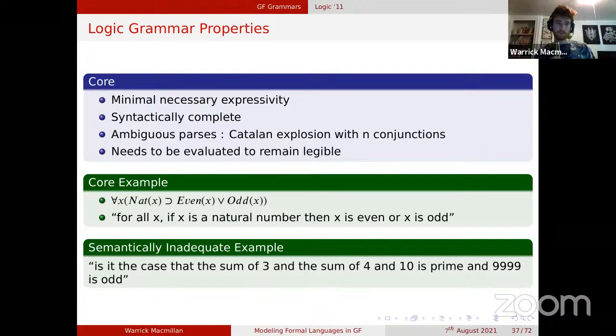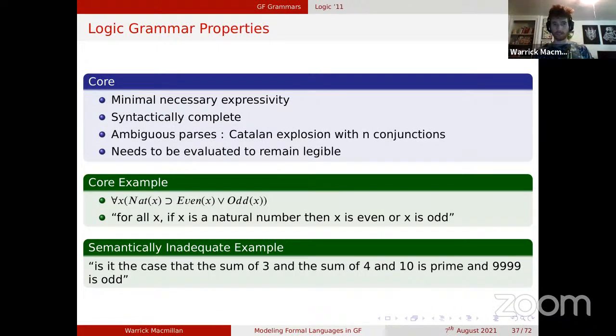So the logic grammar is the minimal amount of necessary expressiveness, but it is syntactically complete. So the core grammar, and the more conjunctions you have, the greater than exponential explosion of parses, called the Catalan number.